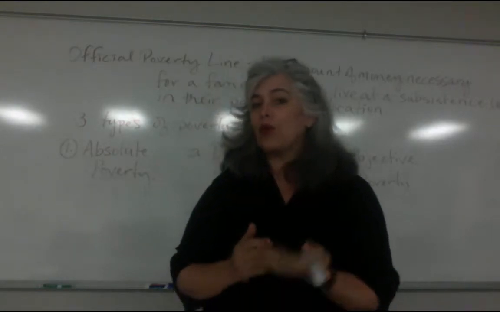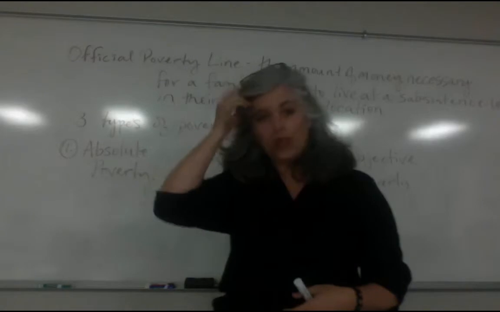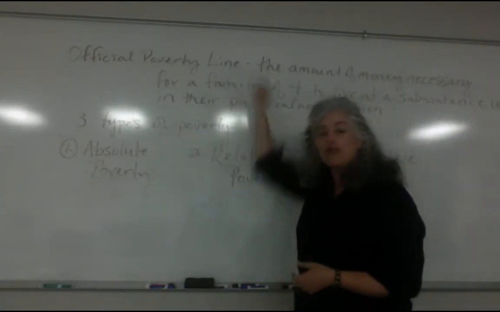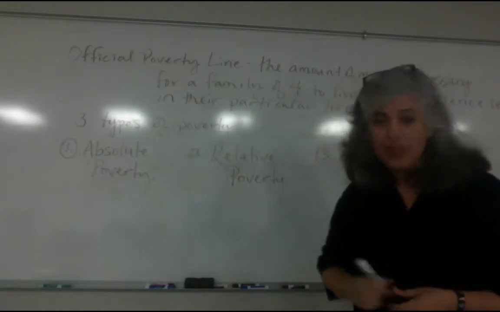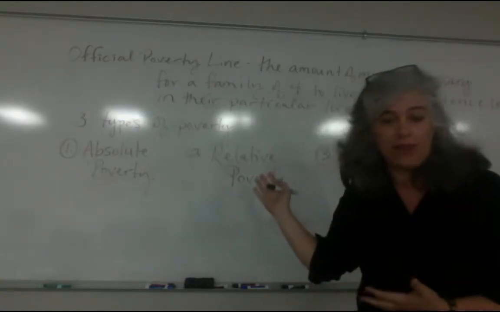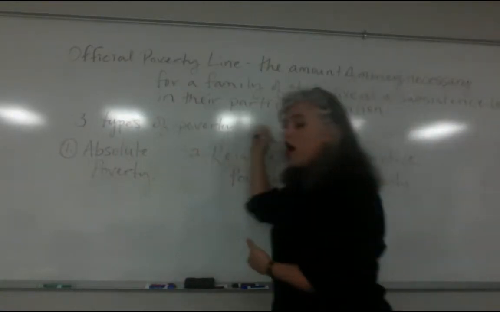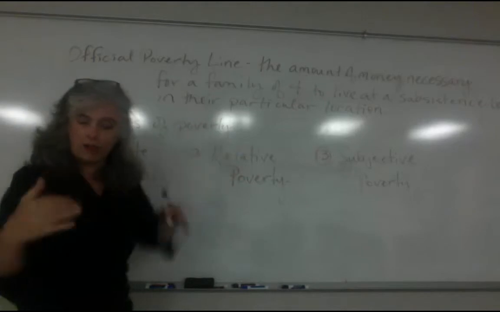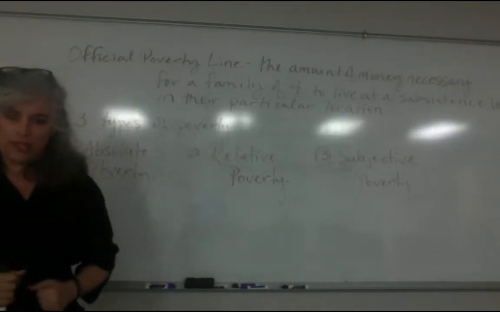So one thing that you will find in our textbook in Chapter 7 is a discussion about the official poverty line. Now, I have paraphrased the definition of official poverty line on the board here. You should find it in your textbook, and you can make notes of how I have paraphrased it compared to what your textbook author says.